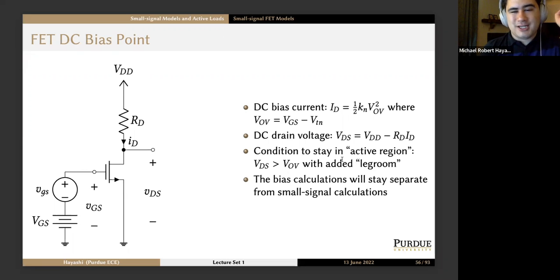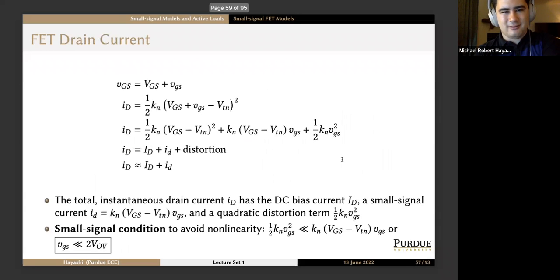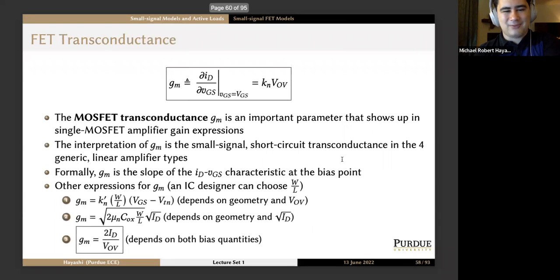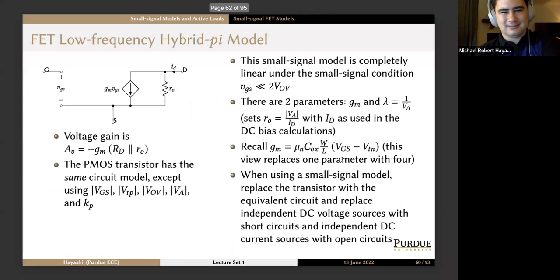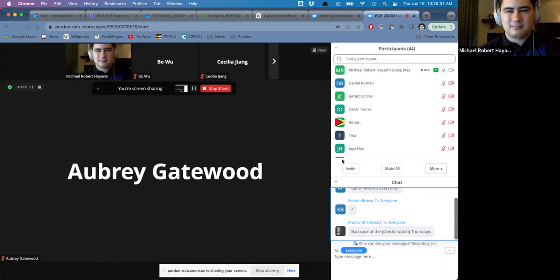You wouldn't change your DC biasing while you're trying to amplify a signal. So basically nothing should change your DC bias point during the course of the operation of the amplifier. I see. All right, thank you. So that's why we're treating it like a constant. Otherwise, our math would get a little bit more messy. Any other questions?